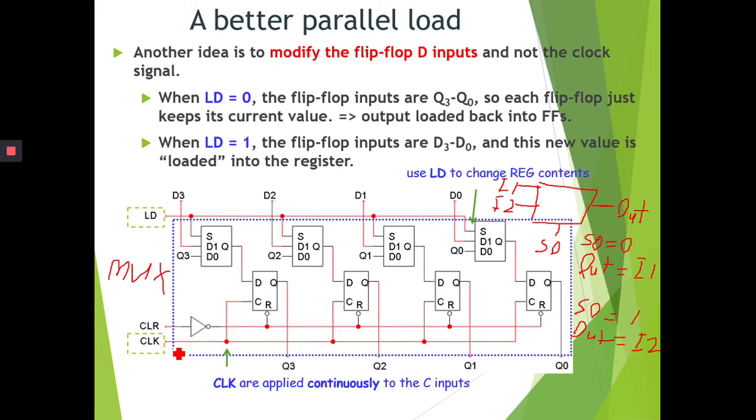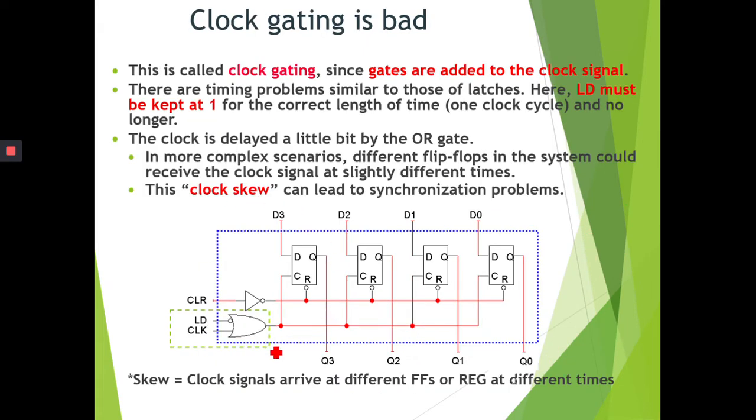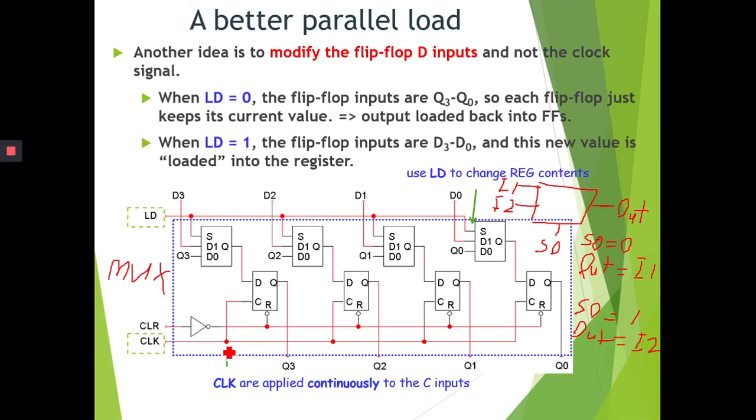But as you can see, this is the main difference from clock gating. The clock signal does not need to pass through any gates, like the XOR gate in the clock gating. In this new design we don't have any gate there, so we have reduced the delay and have a better clock input.